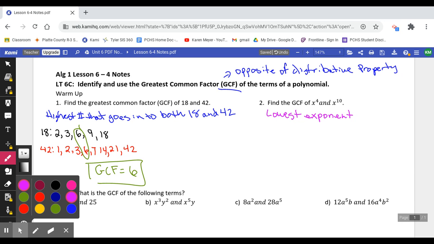Now, if you understand that, fantastic. If you do not, then we'll go ahead and list it out. X to the 4th power means that I have 4 x's. So I'm going to list out 4 different x's. X to the 10th power means I have 10 x's.